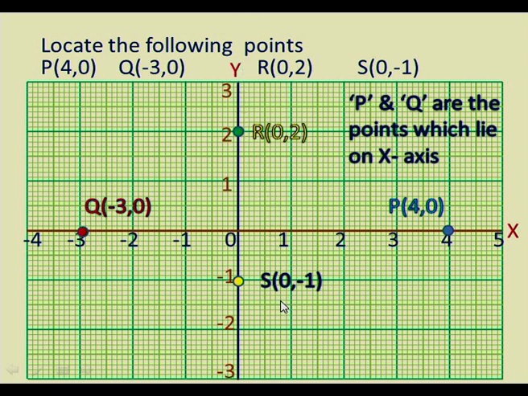So R and S are the points on the y axis. With this it is very clear that whenever the x value is 0, those points lie on the y axis, and whenever the y value is 0, those points lie on the x axis. We have to see this simultaneously.